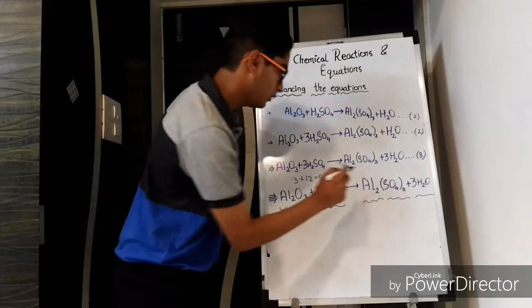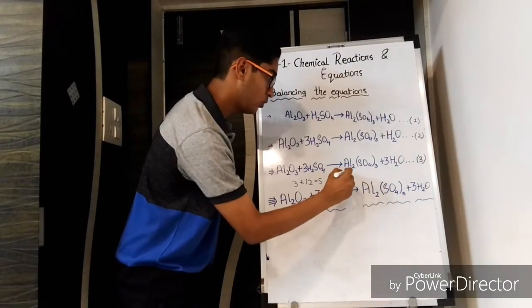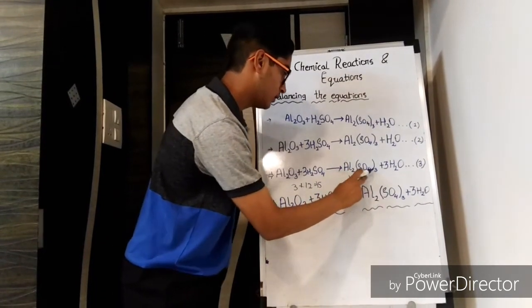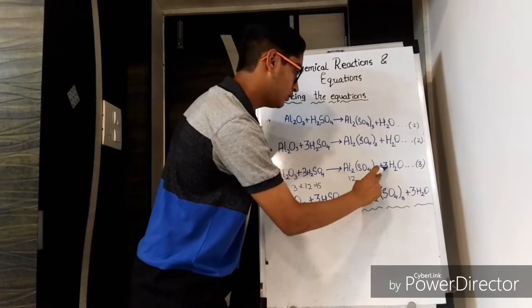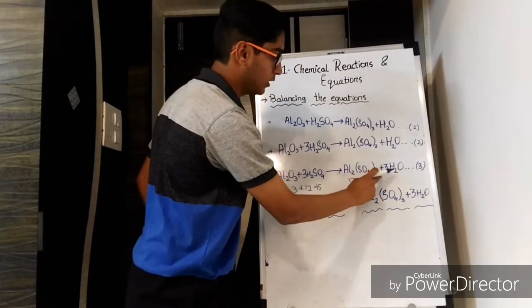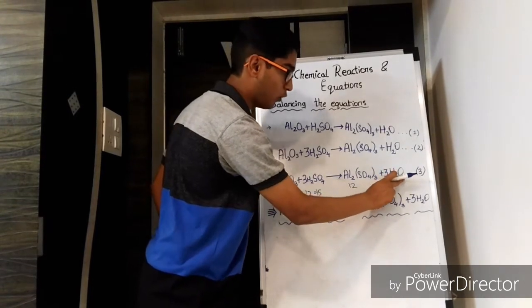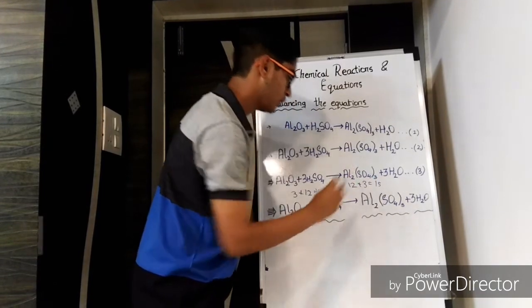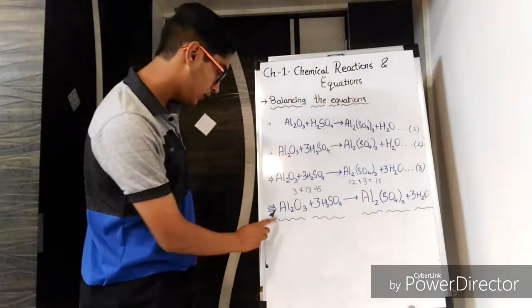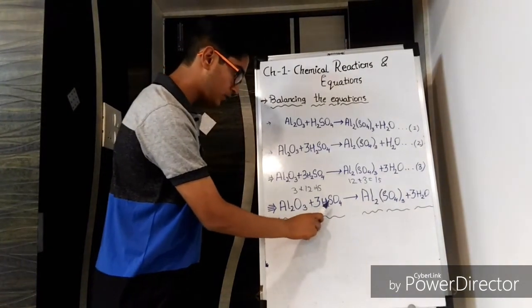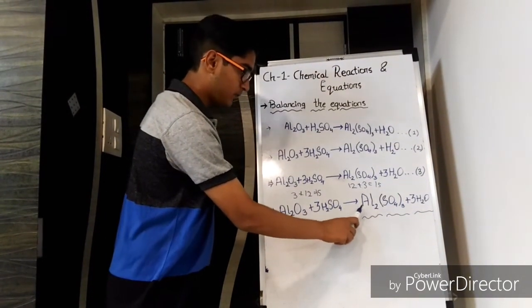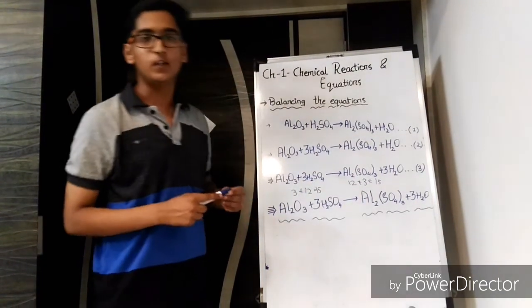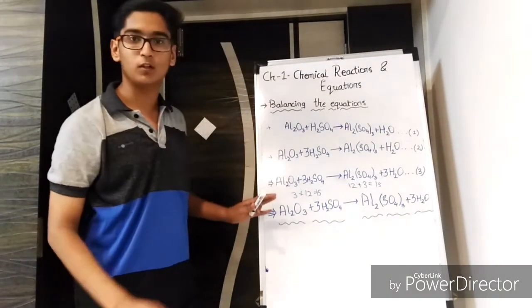And over here, that is 4 3s are 12, and this is 3O. This 3 is applicable for H2 as well as for O. So 12 plus 3, that is 15. So the final balanced equation is Al2O3 plus 3H2SO4 gives Al2(SO4)3 plus 3H2O.